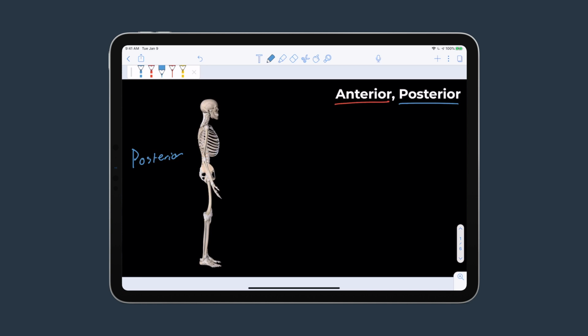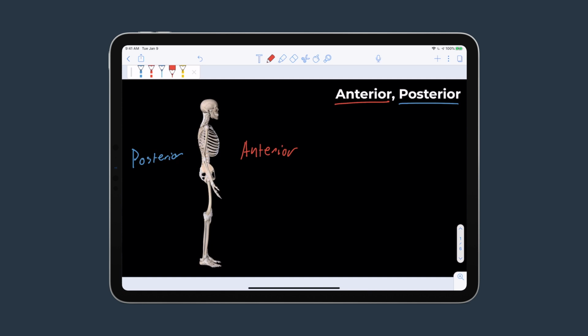Your elementary school PE teacher probably told you to sit on your posterior when you were in the gym. And then the anterior is the portion of the body that I should be seeing on the Teams calls that we're on. It's the front half. It's what we generally present to the world.